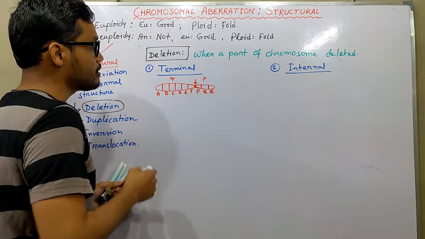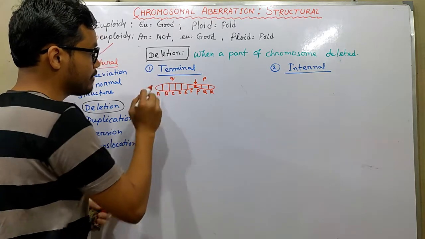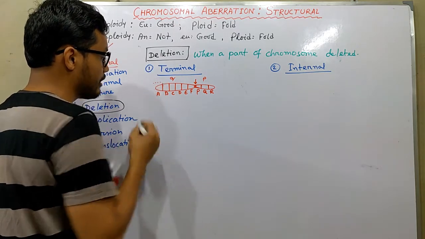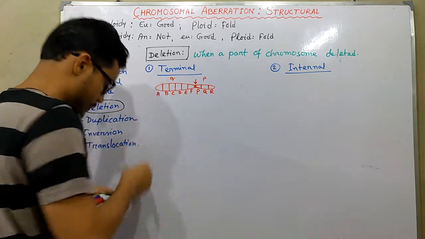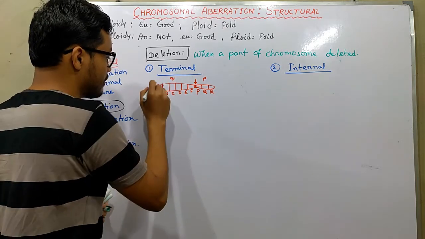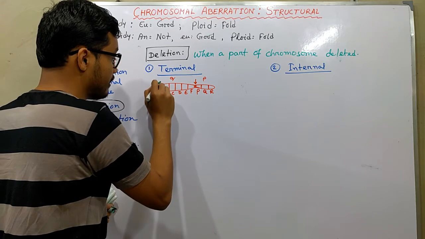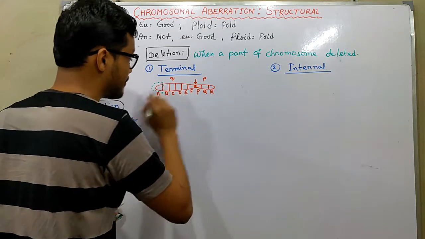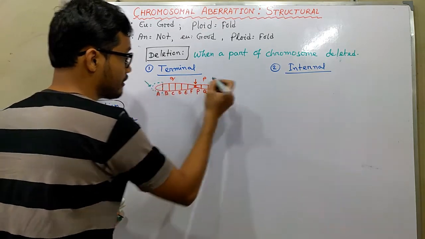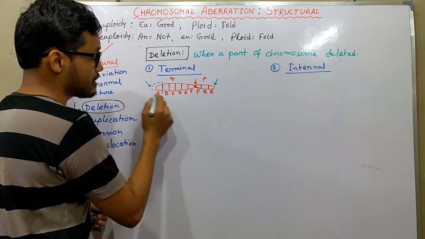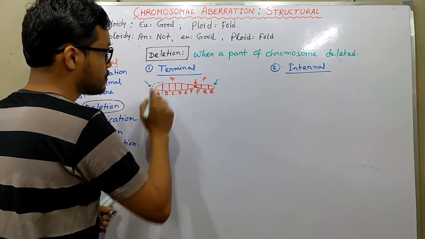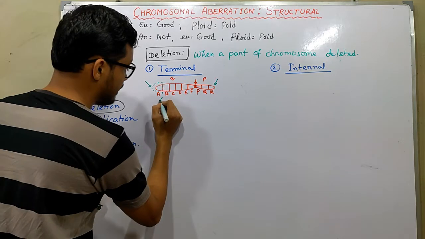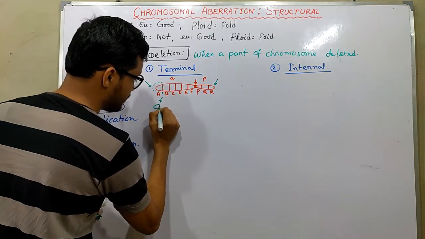In terminal deletion, a segment from the terminal portion is deleted. In case of terminal deletion, a terminal segment, that is the end segment, either this one, A, or this one, R, is deleted.